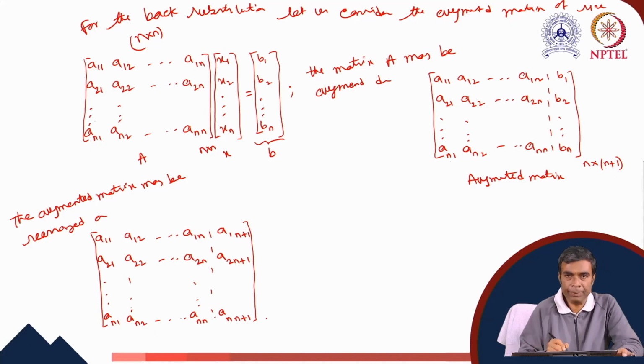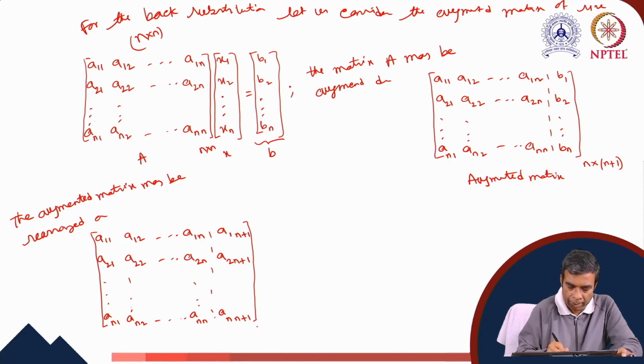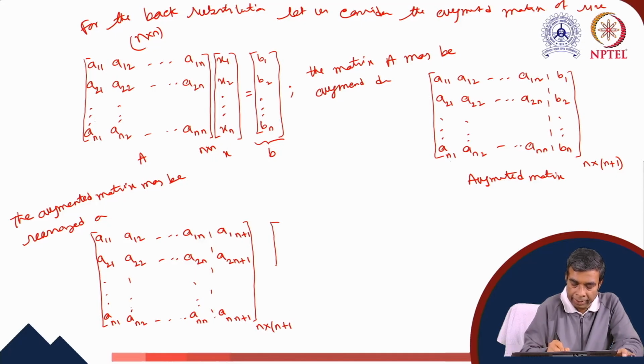So this becomes a rectangular matrix with n rows and n plus 1 columns, n into n plus 1, and our degrees of freedom were x1, x2 up to xn.